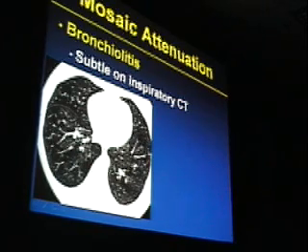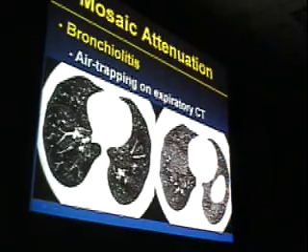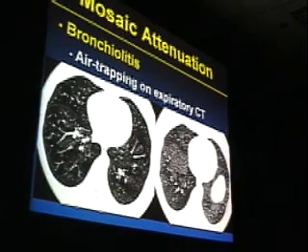It may be very difficult to appreciate, first, if there's any difference in lung attenuation at all, and that there's any difference in size of vessels. But on the expiratory exam, of course, the disparity in lung attenuation becomes very marked, quite obvious as in this particular case, indicating that this is due to small airways obstruction. This patient had bronchiolitis obliterans as a manifestation of chronic graft versus host disease.